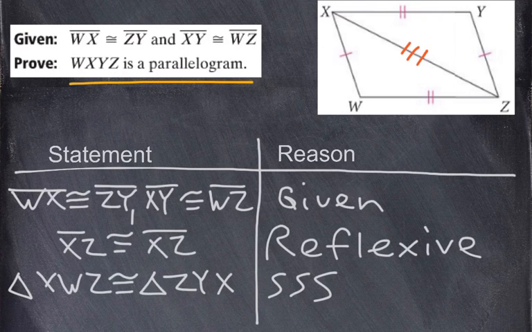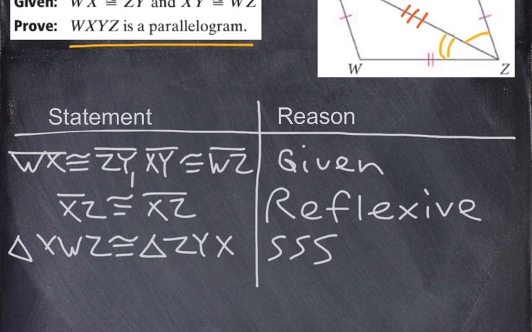Well, because we've learned about CPCTC, we know that since the two triangles are congruent, we could say that these two angles would be congruent to each other. And in like manner, we could say that these two angles are congruent to each other. So let's go ahead and write that.